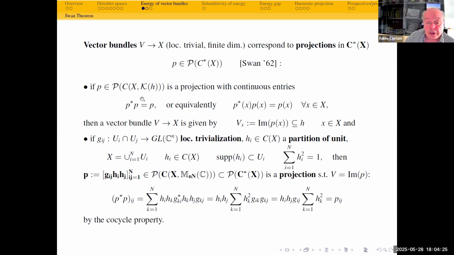But yes, these are continuous projections, so the rank of this projection is locally constant, and since the space is compact, it is constant everywhere. Okay, but anyway, it would suffice to take M infinity instead of compact to conclude it.